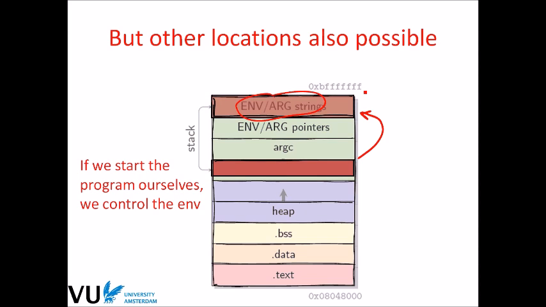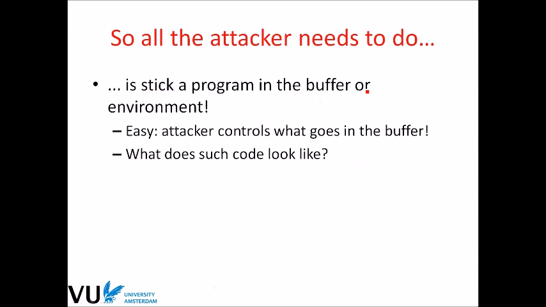And there, at least in somewhat older systems, the addresses will be well known because you know where the stack starts, where the environment variables start. So you can actually target that. Still, the attacker only needs to stick a program in the buffer or in the environment, and away he goes. Now, the question is, what does such code look like?